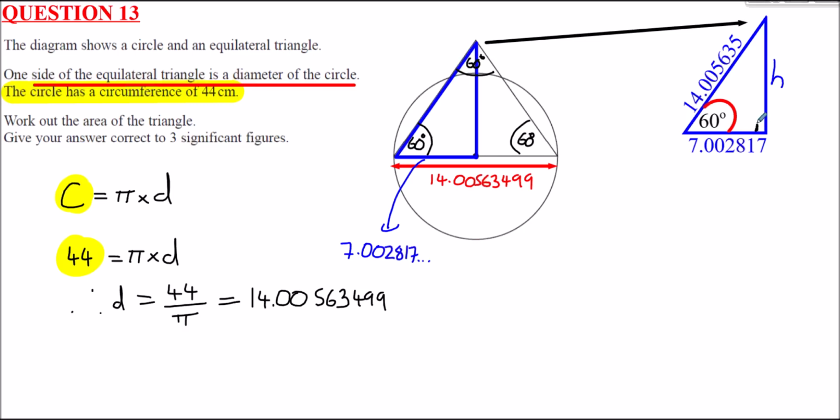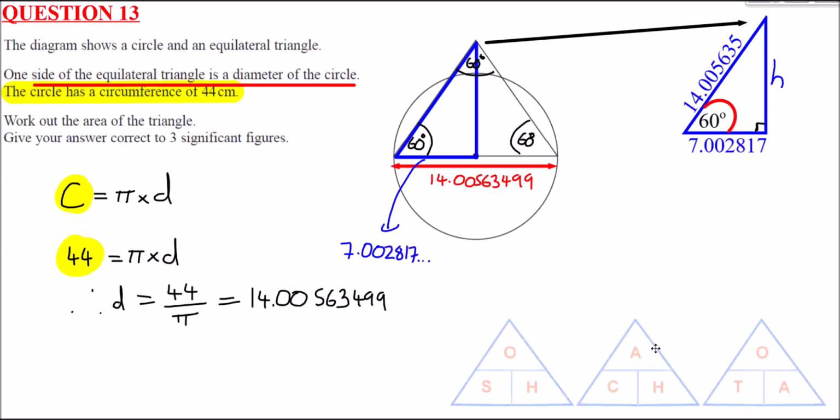Because this here is a right angle. Well, we need to remind ourselves of obviously SOHCAHTOA, which I've just got here for you. So we want to work out H, the height, which relative to the angle we know is the opposite side. That's opposite to the angle. So we want to work out O, so I'm going to highlight O because we're interested in working out the opposite side.